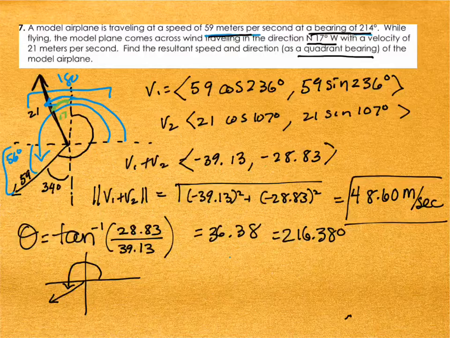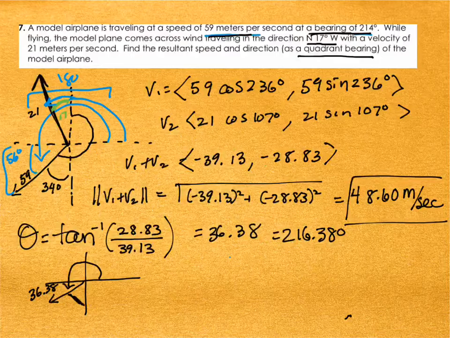So 216.38 minus 180 gives us that small piece. My calculator's freaking out. Okay, 216.38. Sorry, I know you're bored. Minus 180. Can't help it. You get 36.38. So this is 36.38, but that's not the angle I need.